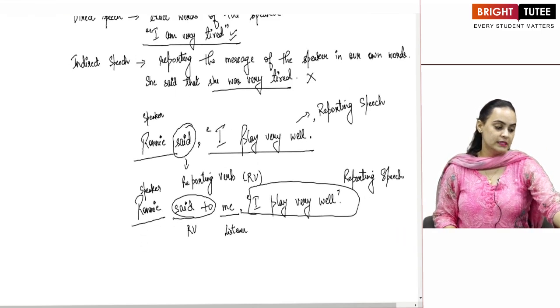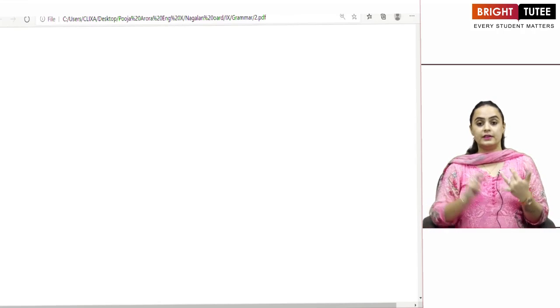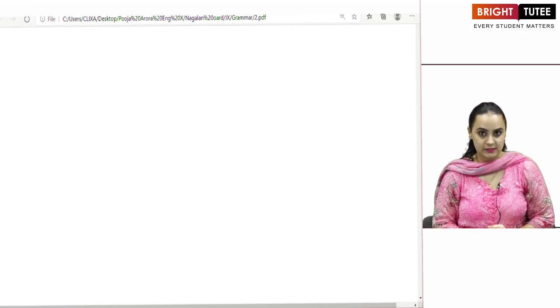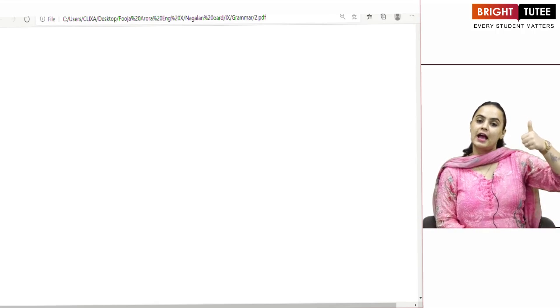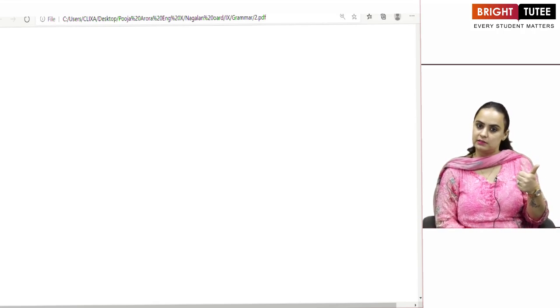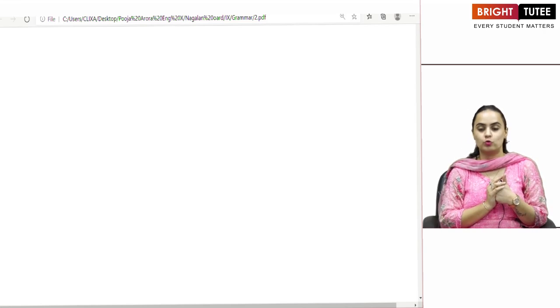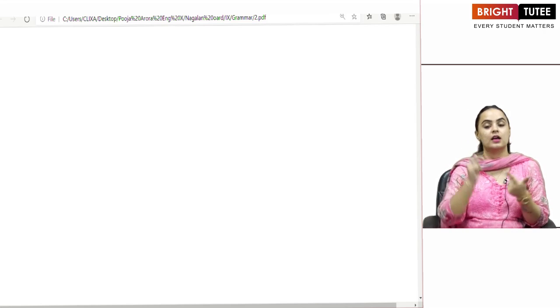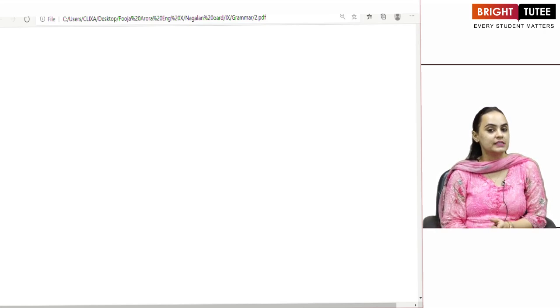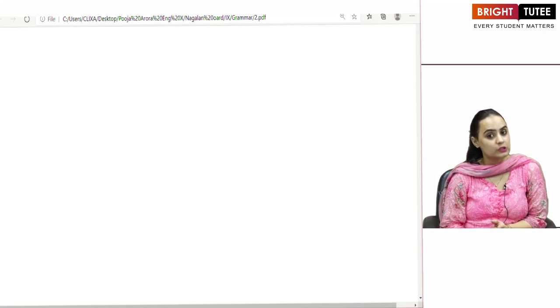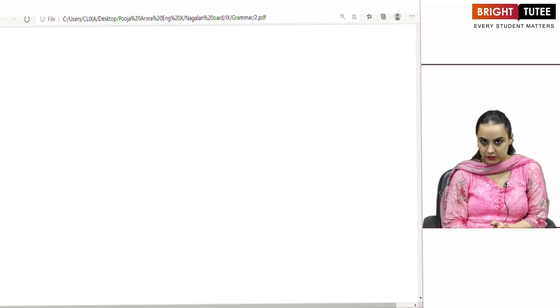Now, before proceeding further, it is important for us to know that we have different types of sentences. We have an assertive sentence. A simple statement which ends with a full stop is known as an assertive sentence. An interrogative sentence ends with a question mark because it is asking a question.